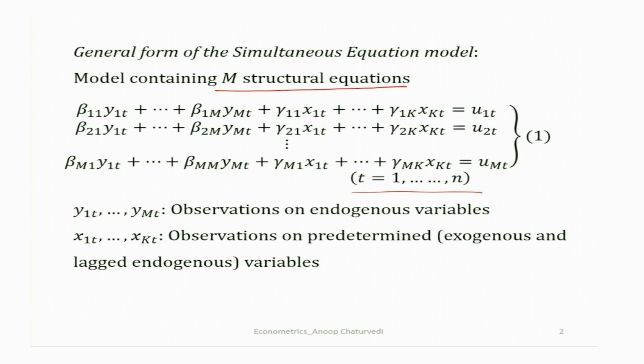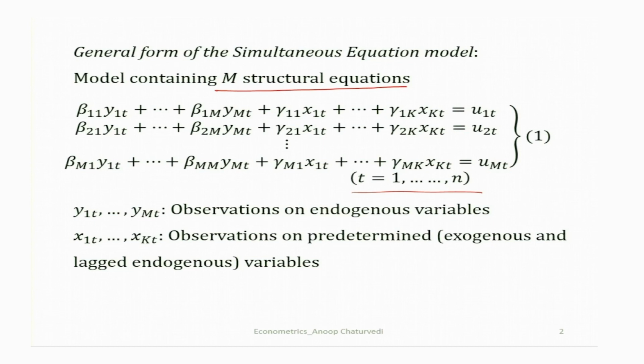Each of these equations has some endogenous variables as well as some predetermined or exogenous variables. y 1 t, y 2 t, ... y m t are observations on endogenous variables. x 1 t, x 2 t, ... x k t are the observations on predetermined variables, that is, exogenous and lagged endogenous variables.